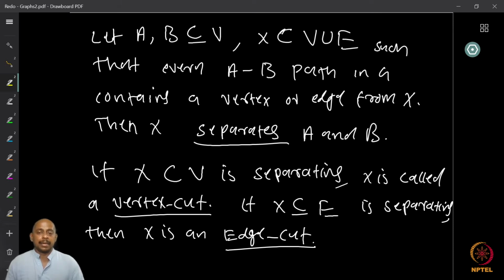Similarly, if X is a subset of E alone, there are no vertices in X, just edges, then it is an edge cut. Remove the edges of X, and I can destroy the connection between A and B. It's basically an AB edge cut, and similarly an AB vertex cut.